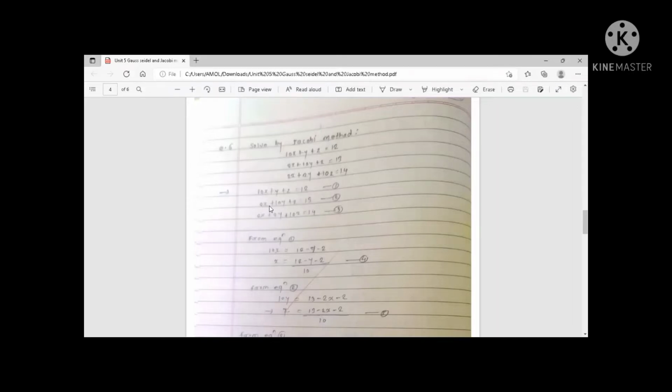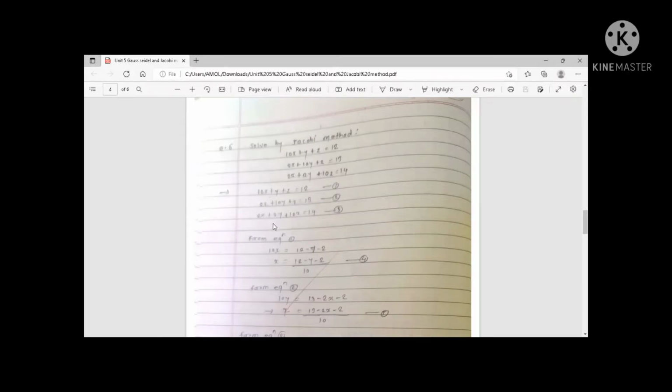There is one concept or condition. Suppose in equation 1, the coefficient of x is 10, coefficient of y is 1, coefficient of z is 1. So the maximum coefficient is 10 and it is of x. So in this equation you find the value of x. In the second equation the maximum coefficient is 10 and it is the coefficient of y, so you find the value of y.